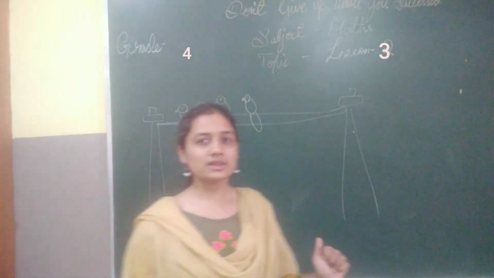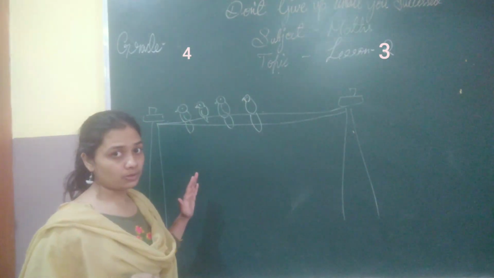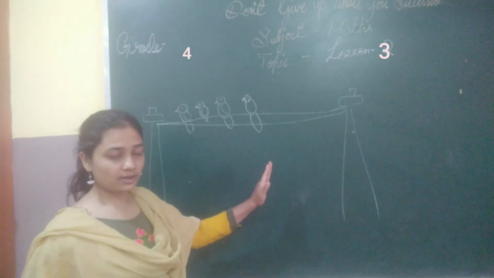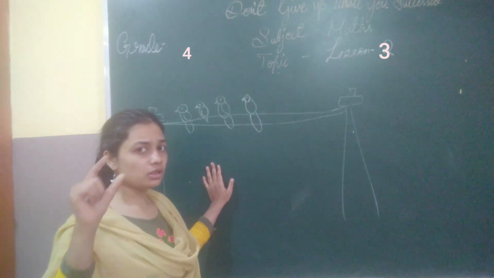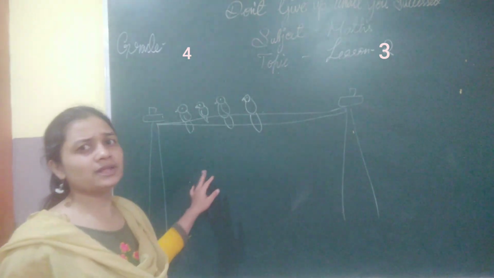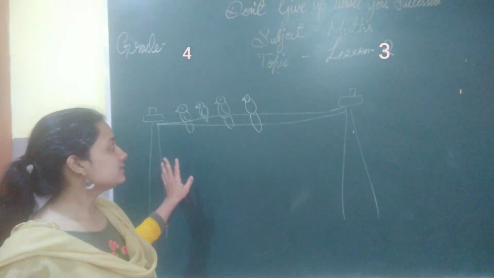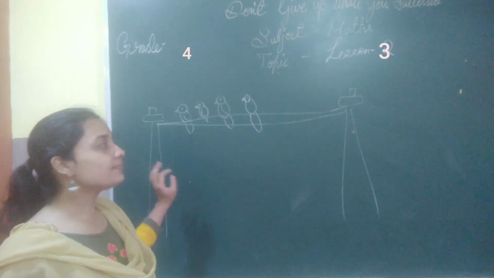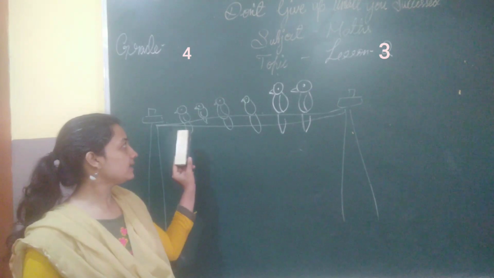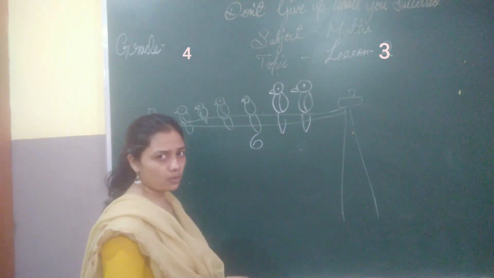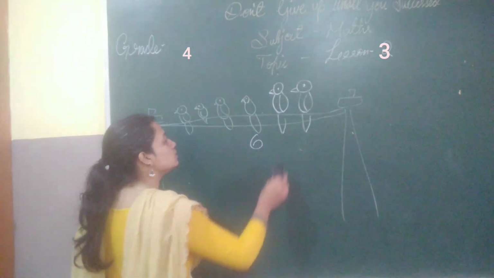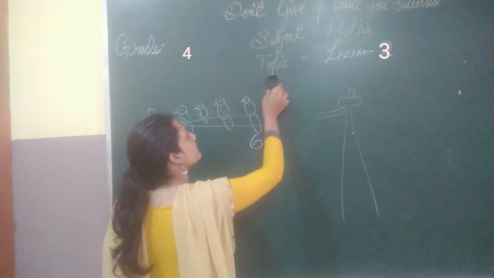In today's class I am going to say the word problem, not write it in words like you read in the textbook. Let's see a small story, just a small incident. There are 6 birds on a pole and 2 birds flew away.